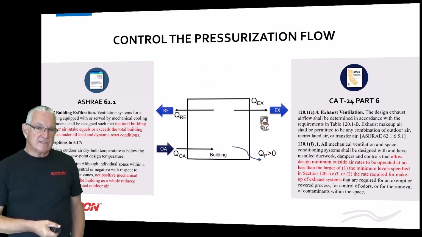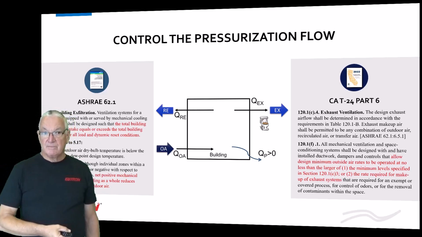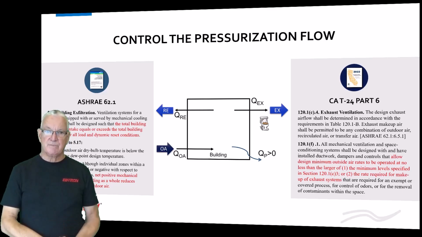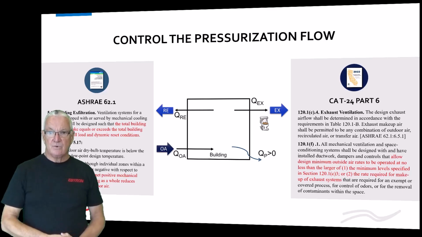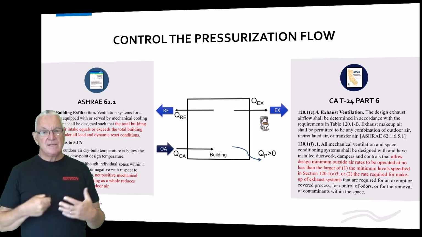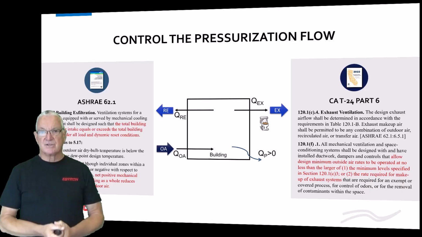Okay. The other thing I said I would talk about briefly is the control of pressurization flow. We're going to talk more about pressurization. Again, we're trying to put a lot of things in a short period of time. But both ASHRAE 62.1 and California Title 24, Part 6 basically talk about controlling the pressurization flow.